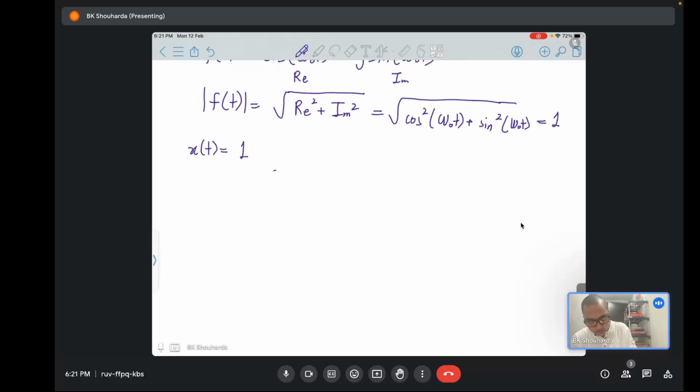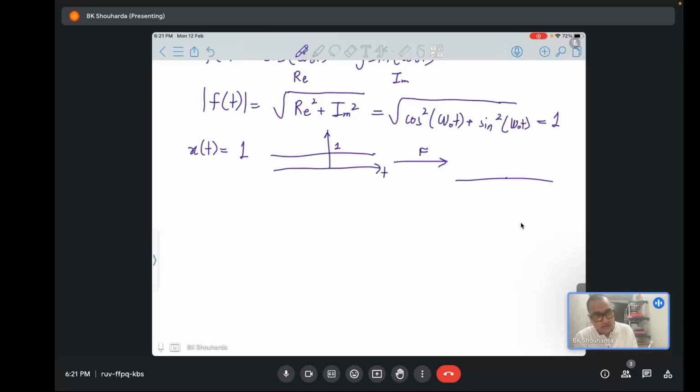Then how does it look? This is a DC signal whose value is 1. Now if you take its Fourier transform, what will it be? The Fourier transform tells you the spectral components of the signal. This is a DC signal, and what is the spectral component of a DC signal? It's 0. It's a zero frequency signal.